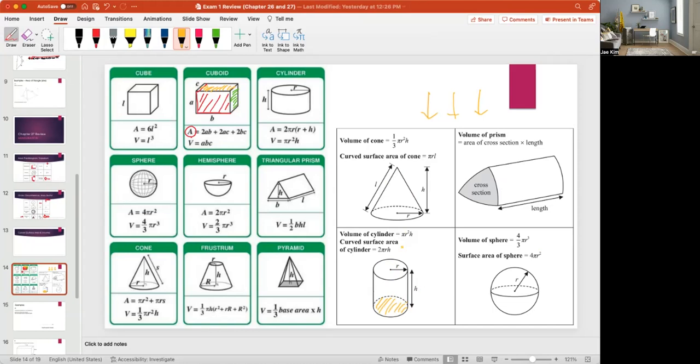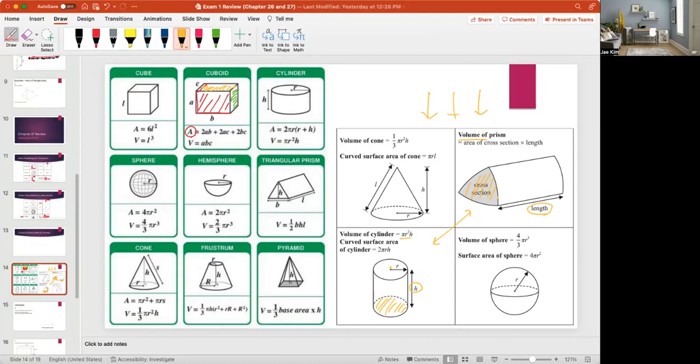So sectional area is pi r square, which is a circle, and you multiply by the height. If you put it on its side, this is a cross section. The volume of any prism or cylinder is always the cross section times the length or the height.